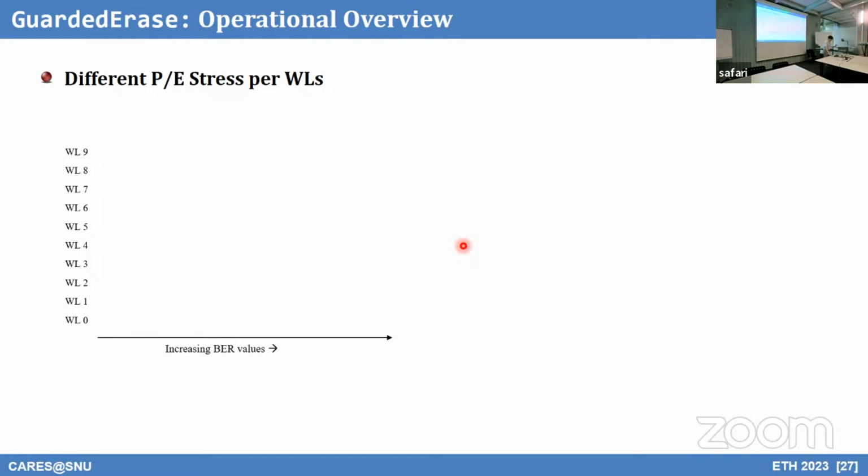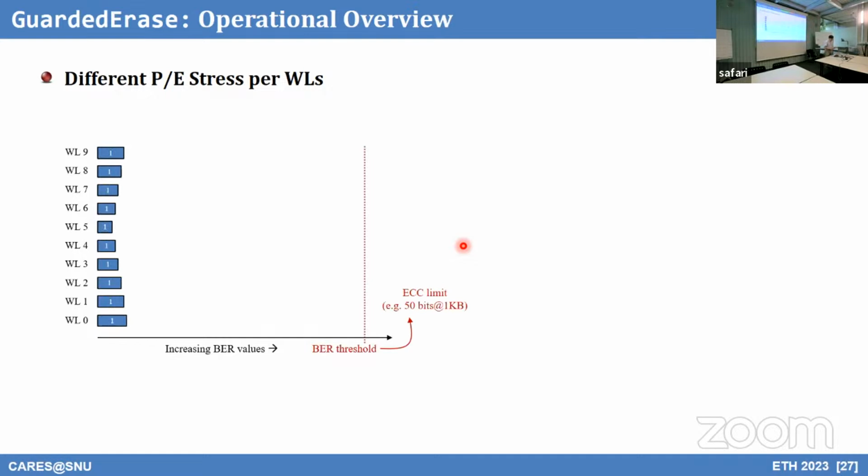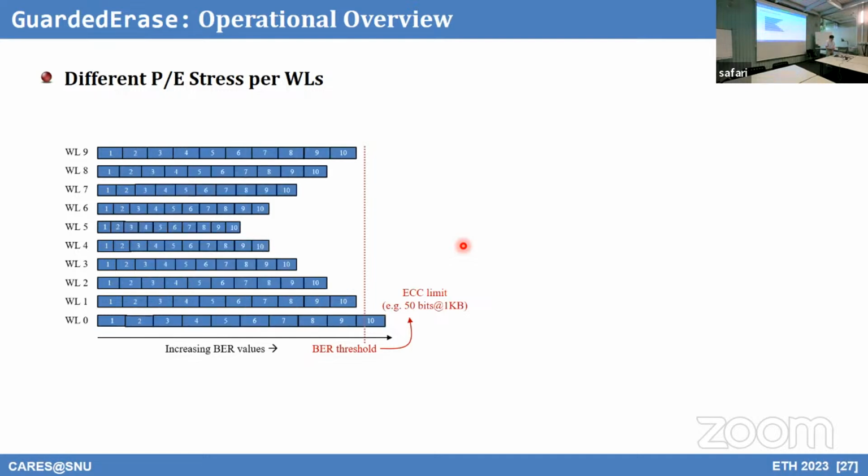So we have 10 word lines, and here I assume word line 0 is the weakest word line. Okay. So for this word line we write and erase once, twice, and word line 0 will become unusable after 10 erases. Unusable means that when you write this word line, we may not meet the ECC's correction capability.